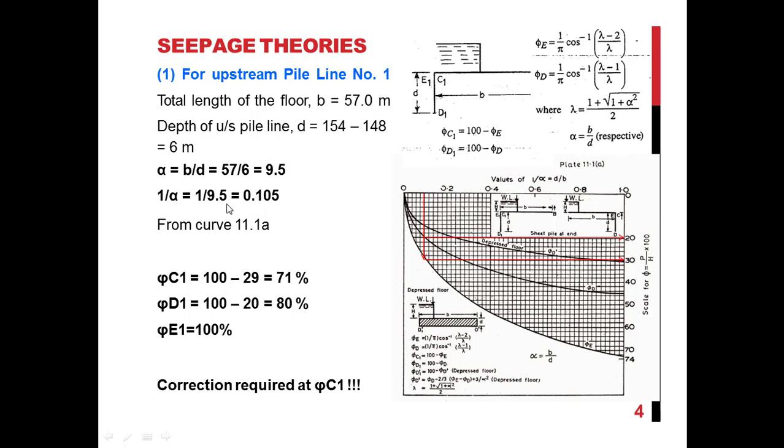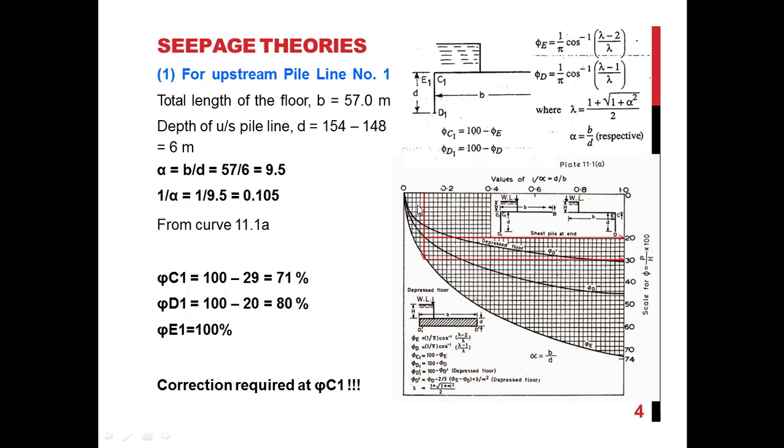So using the value of 1 over alpha, coming to the curve, select the value of 0.105; this is the curve of phi D and this is the curve of phi E. The formula for phi C1, the percentage pressure at C1, is equal to 100 minus phi E, and the percentage pressure at D1, phi D1, is equal to 100 minus phi D. So we will find the values of phi E and phi D from this curve using 1 over alpha equal to 0.105.